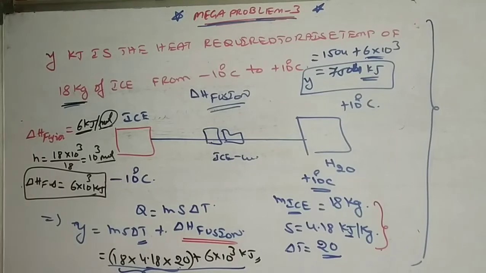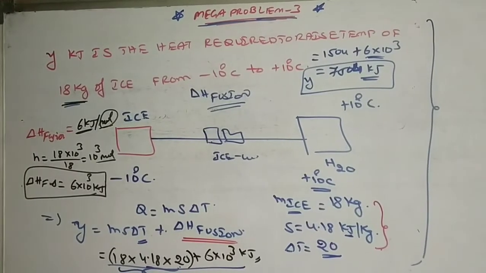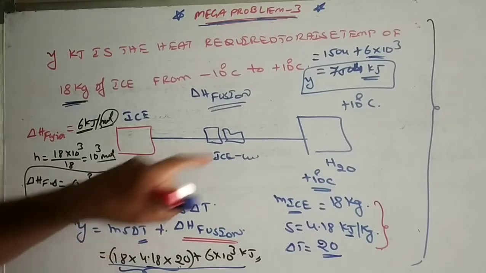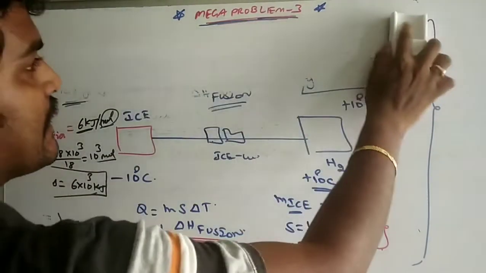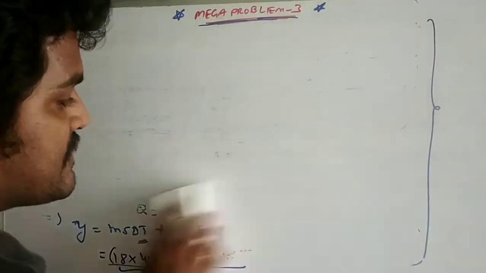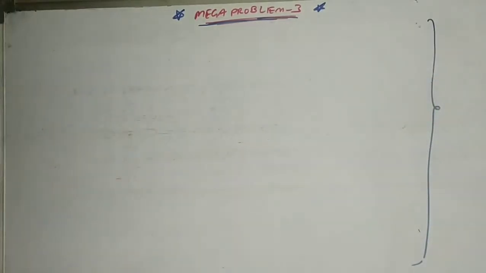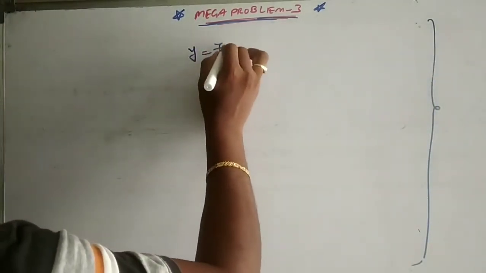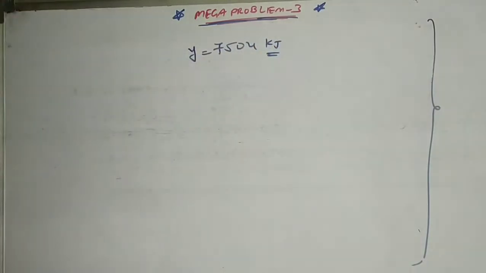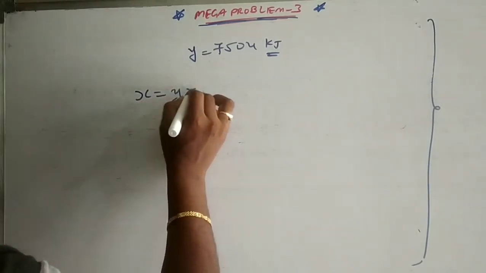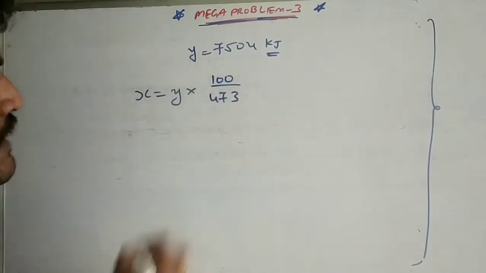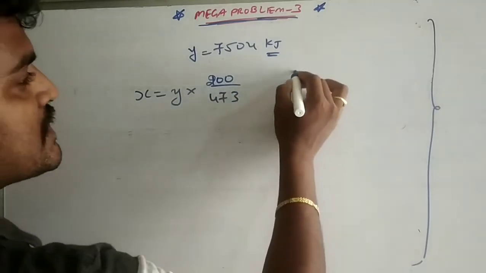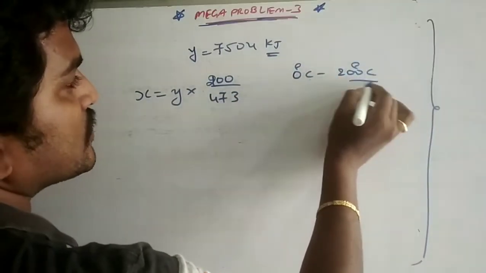So be careful with this. Here Y is 7504 kilojoules. Since we got the Y value, let us see the X value. Y equals 7504, X equals Y into 100 by 473, 200, because it is changing from 0 degree centigrade to 200 degree.